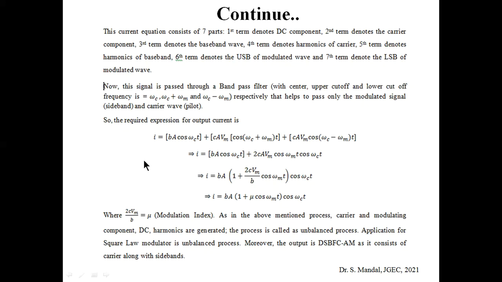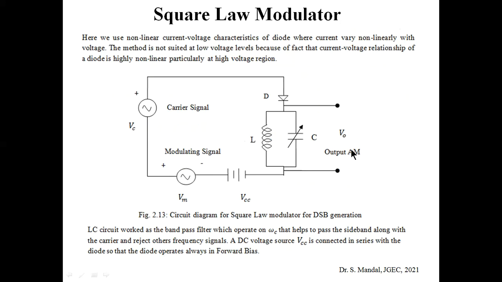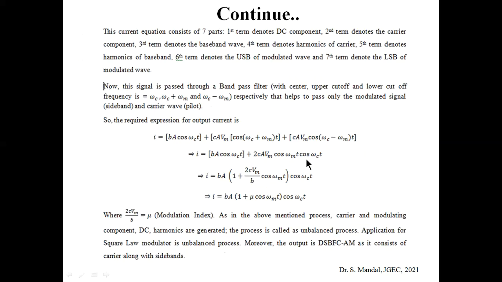So ultimately the output of this circuit will look like this: bA cos omega ct, because it passes through the band pass filter, and the terms associated with the sidebands, that is c A Vm cos omega c plus omega mt and c A Vm cos omega c minus omega mt.